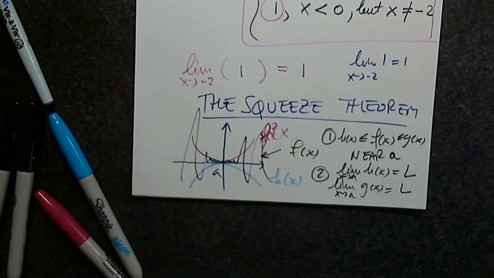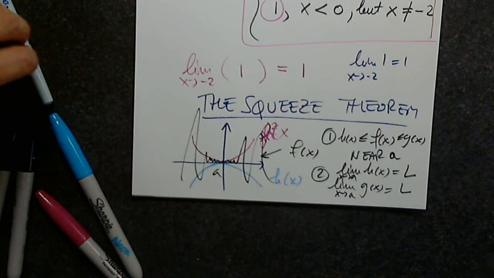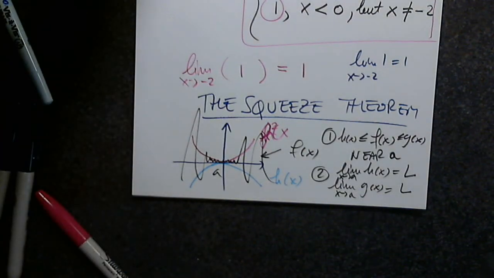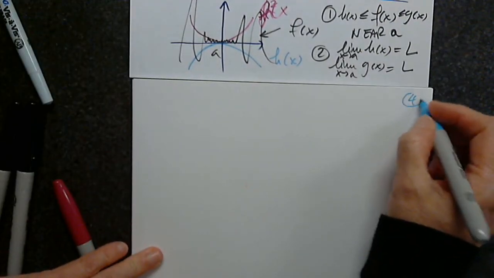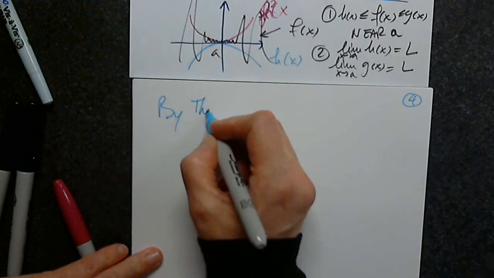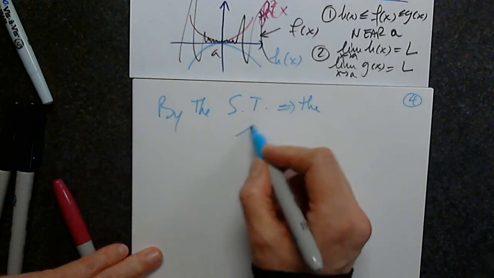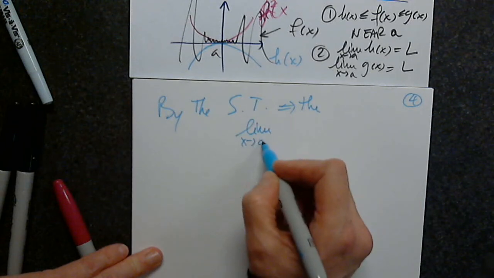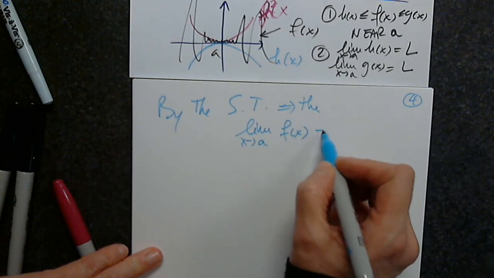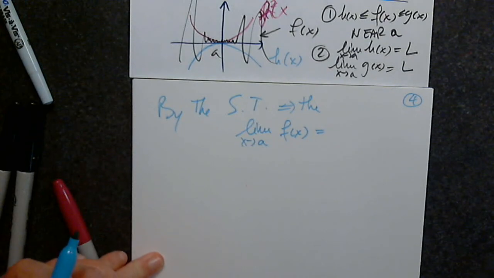Both limits exist and they equal 10. So by the Squeeze theorem, then the limit as x approaches a of f of x must be guaranteed to be what?